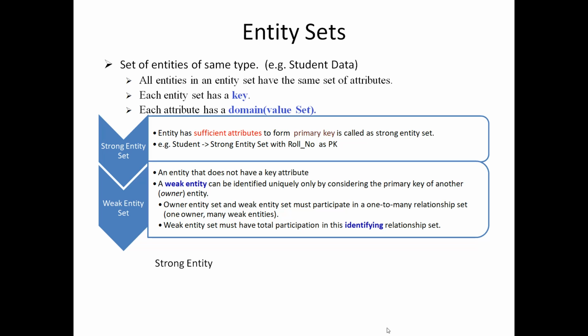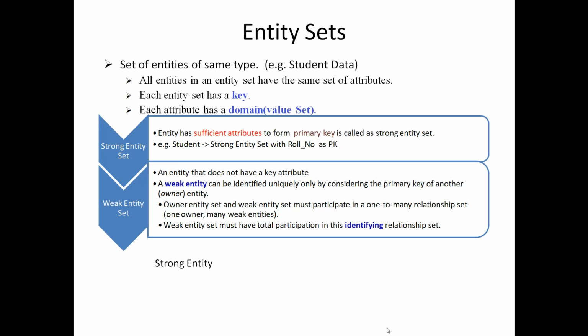An entity that has sufficient attributes to form a primary key is called a strong entity set, right? So an entity where there is a possibility of defining a primary key becomes a strong entity set. And there is something called a weak entity set, where you don't have a key attribute, and all the weak entities will always depend on the strong entity. So there will be an owner-child or parent-child kind of relationship, where there could be multiple weak entities always depending on a strong entity.